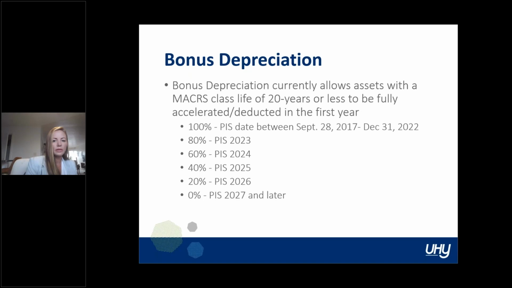And there's still going to be benefit of a study with and without bonus depreciation. Bonus depreciation just adds that additional impact in year 1 because we're able to fully deduct those assets in that year. And I'm going to look at that in a little bit more detail once we look at the case study.